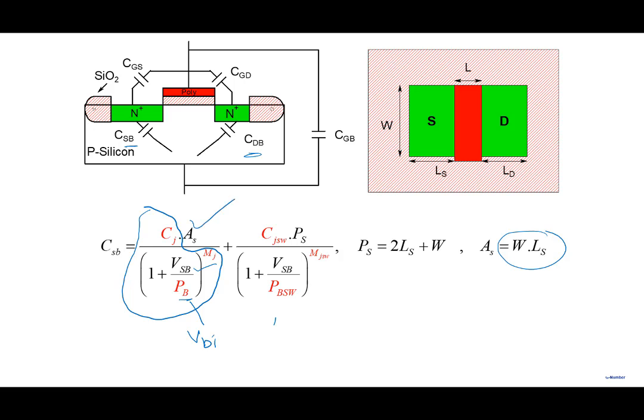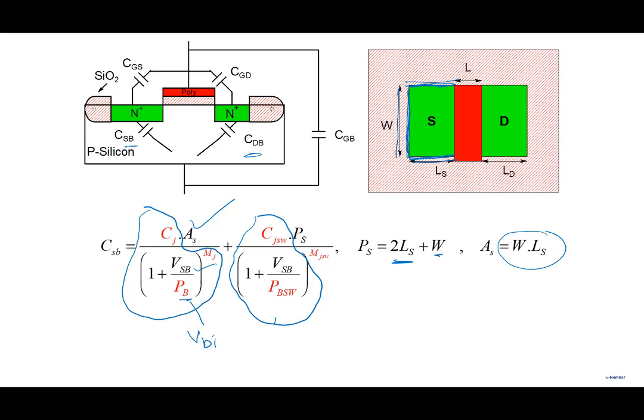Now there is another part that, as I've said, comes from the perimeter. So the perimeter part is also like a PN junction part, but we are talking about capacitance along this periphery and along this periphery. And therefore it is 2 times Ls plus W: 1 W and 1 Ls and 1 Ls here.